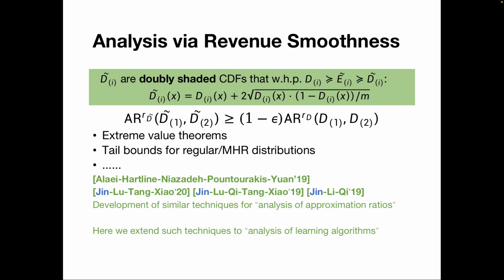Previously, such tools were developed in the topic called simple versus optimal mechanisms, where the task is to prove approximation ratios of simple mechanisms with respect to optimal revenue.